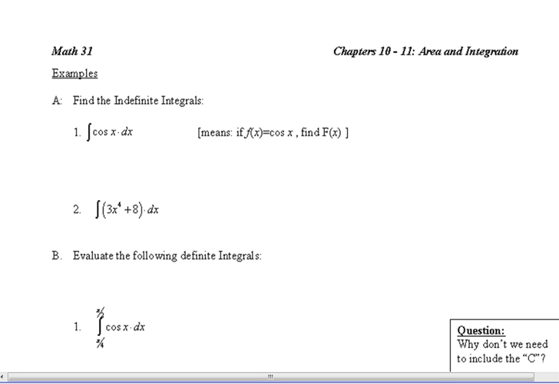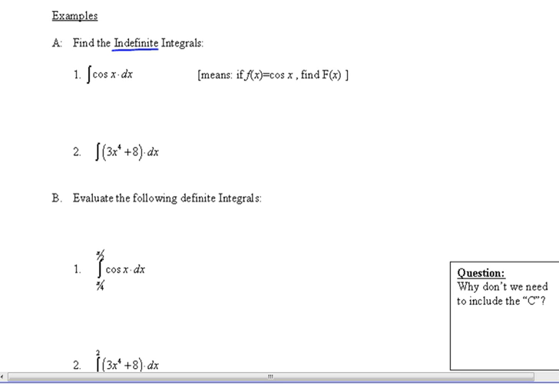Okay, so let's find the indefinite integral. The indefinite integral of cos x dx, what does that equal? Sine x plus c.